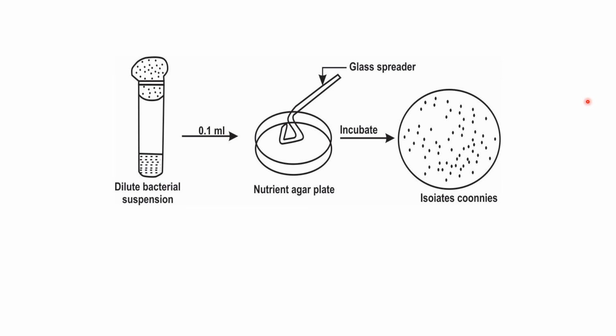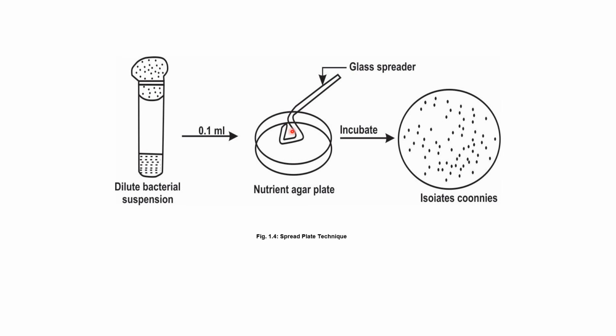So this diagram will illustrate the spread plate method. First, make the dilution of your sample, then from the diluted sample, you take 0.1 ml of the sample using a sterile pipette onto the sterile nutrient agar plate.